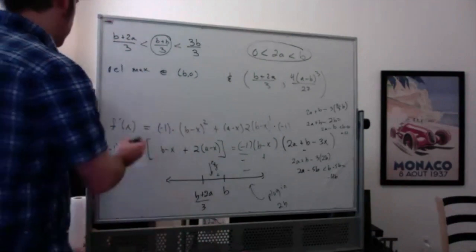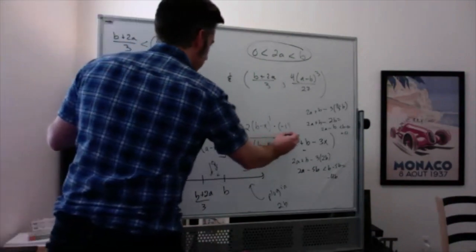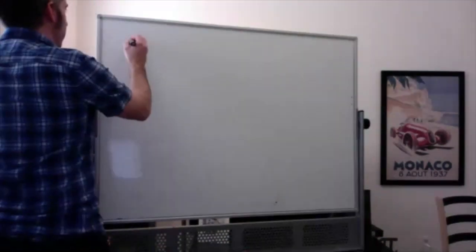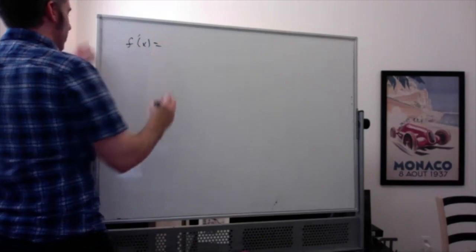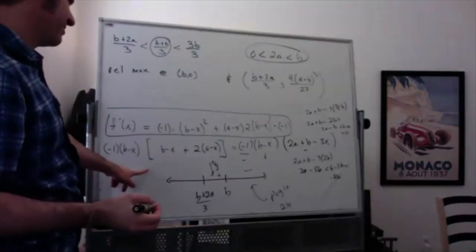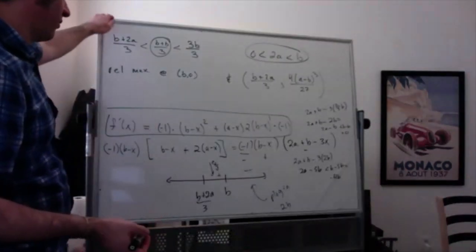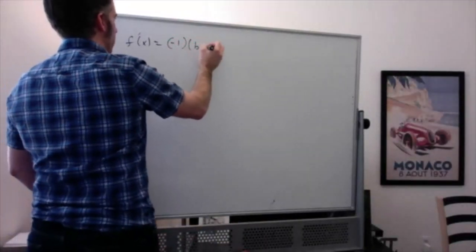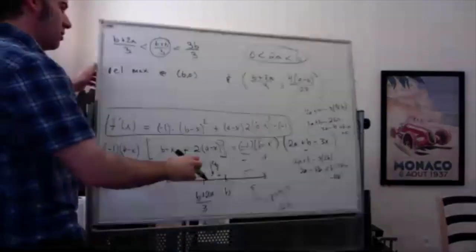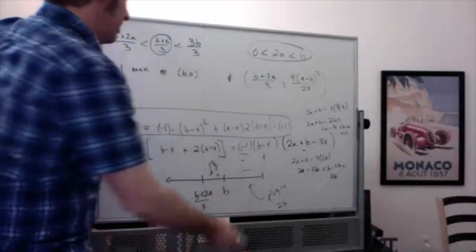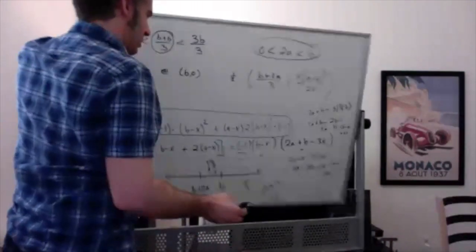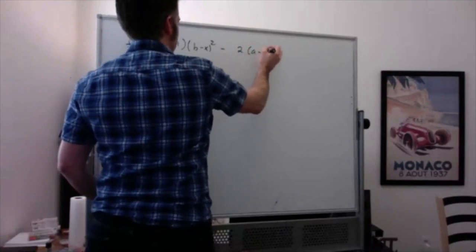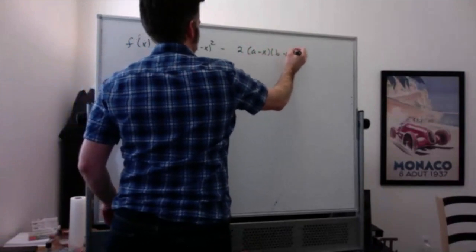So let's look at our first derivative here. Let's go over to the other side. Let's take the second derivative. So the first derivative is, do I want the factored form? I really don't. I want the unfactored form. I want the -1 times (b minus x) squared minus 2 times (a minus x) times (b minus x).